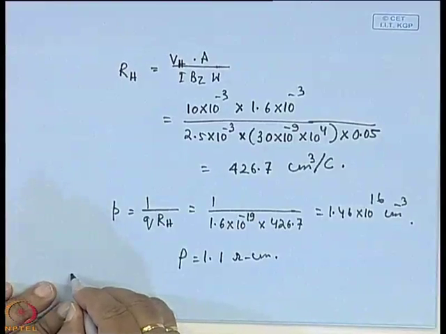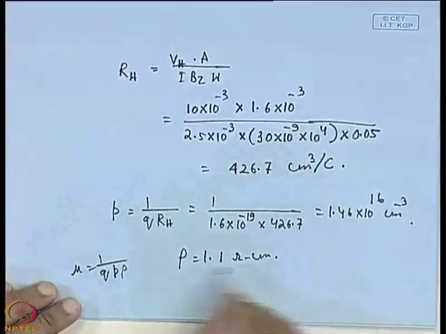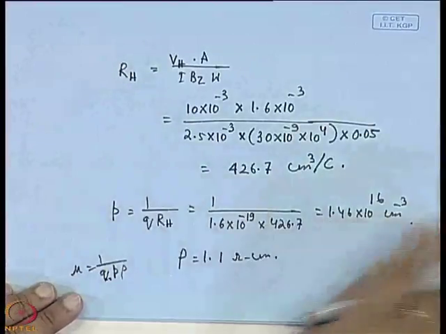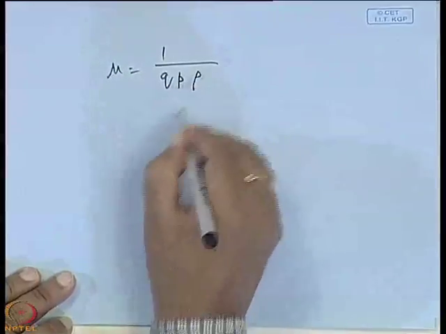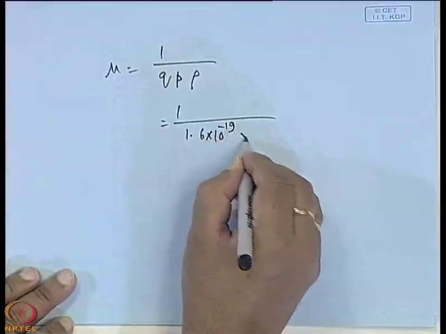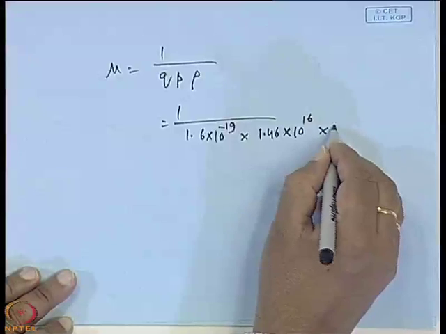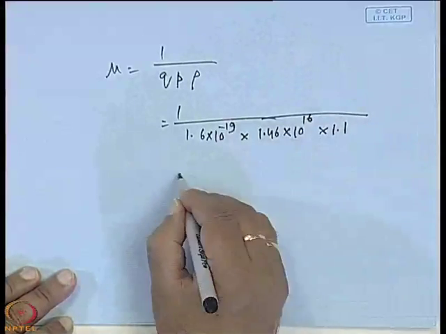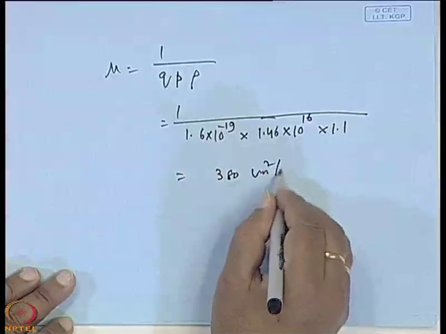Mobility mu equals 1 by q into p into rho. Now, what is q? q is 1.6 into 10 to the power minus 19. So mu equals 1 by 1.6 into 10 to the power minus 19, p is 1.46 into 10 to the power 16, and rho is 1.1, which equals 380 centimeter square per volt second.